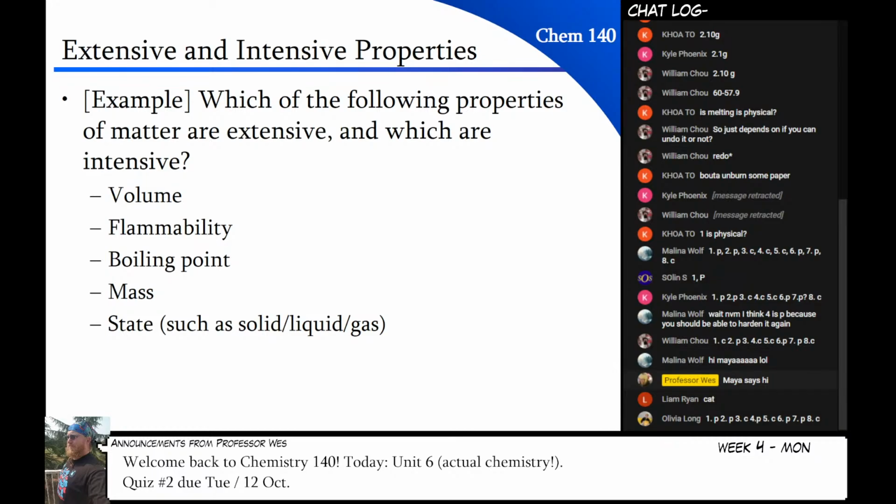If it does not change, then it's intensive. Tell me extensive or intensive for each of these. I'll number them again for you so that you can put your answers in the chat. I'll give you about 2 or 3 minutes to do that, and we'll go over the answers together in just a second.